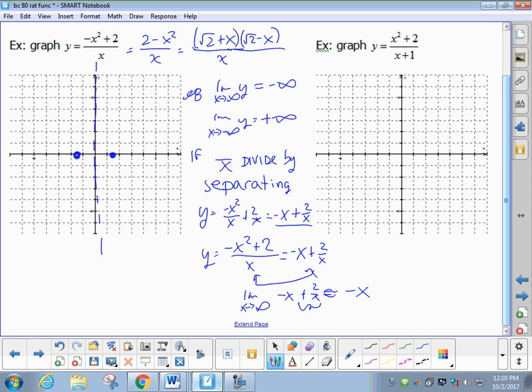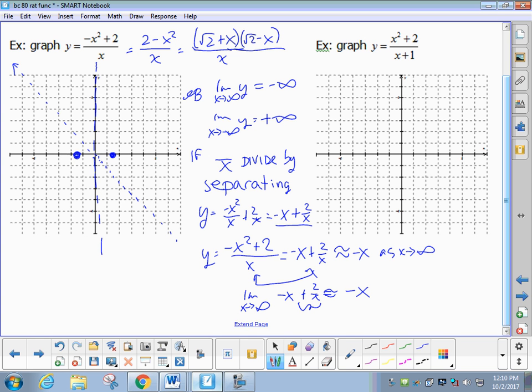Now that said, this funky graph is like negative x as x goes to infinity. That's the slant asymptote. If I were to graph y equals negative x, then the graph is going to follow that behavior as we get larger and larger.